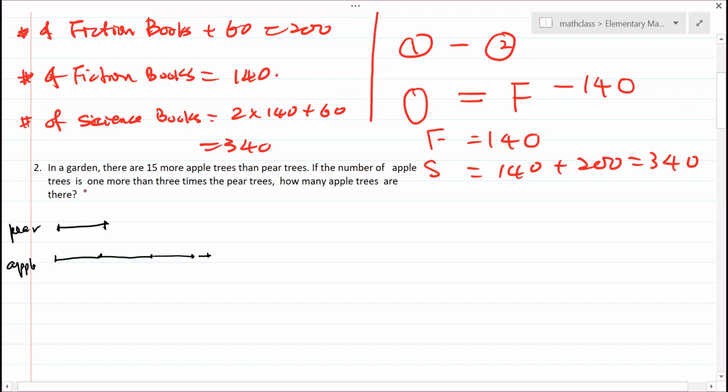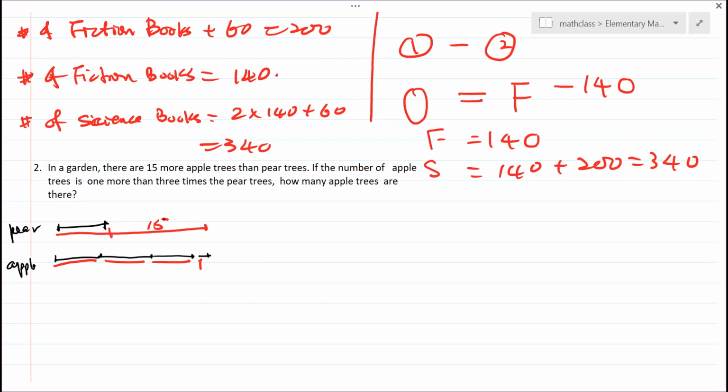The number of apple trees is 1 more than 3 times the pear trees, so pear trees plus 1. We also know that there are 15 more apple trees than pear trees. That means if we put the apple trees here, this is going to be 15. So it's a very similar problem.